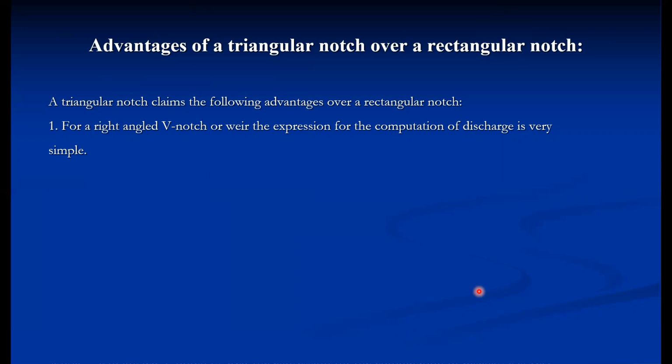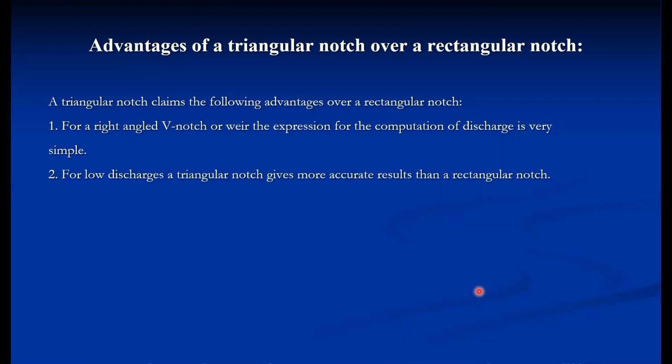For a right angle V notch, the expression of Q is 1.417 H raised to 5 by 2. So the calculation becomes comparatively easy.